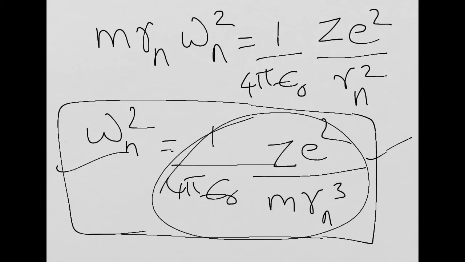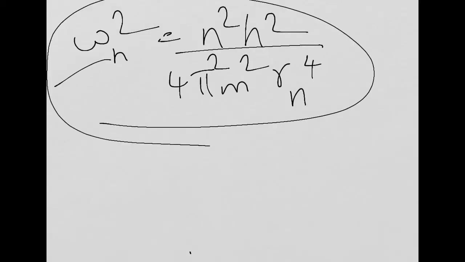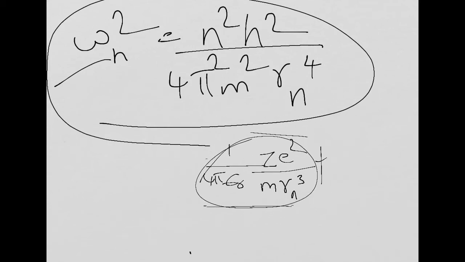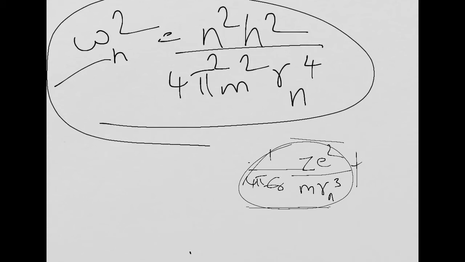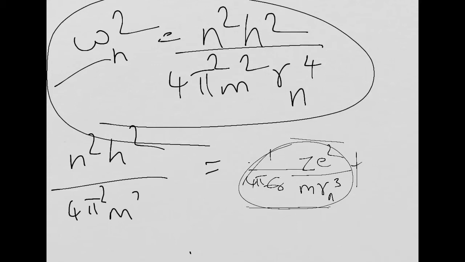So it's going to be, which is equal to n square h square by 4 pi square m square rn power 4.